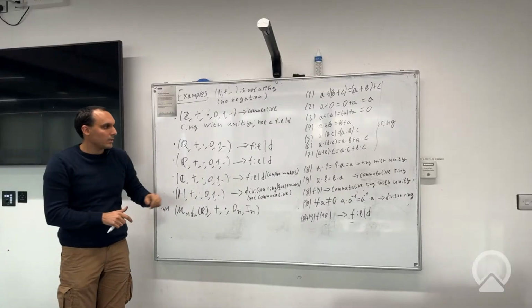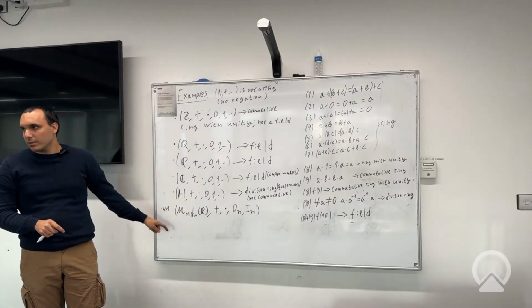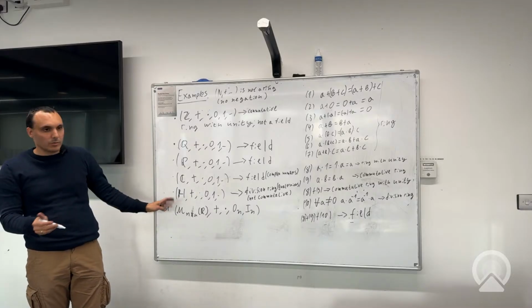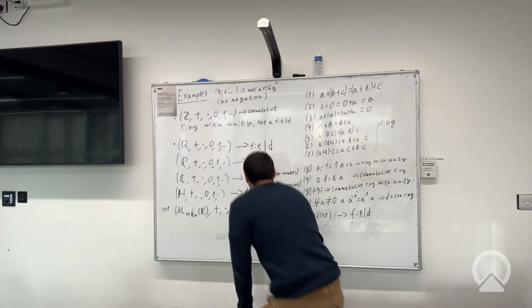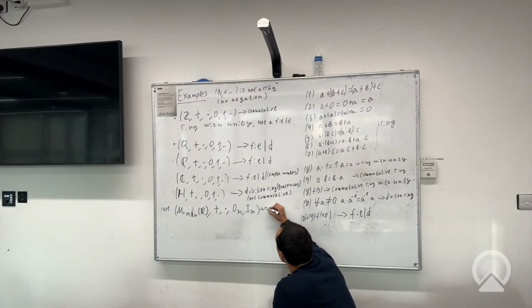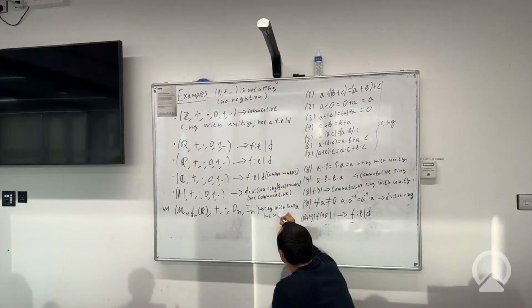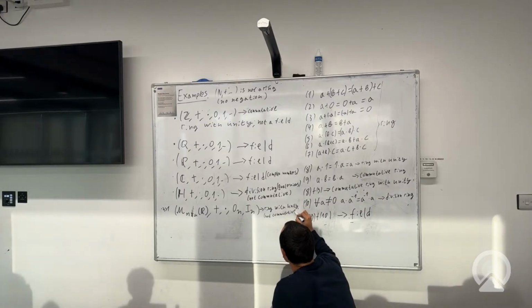So it's not commutative. It's a ring with unity, but not commutative and not all have inverses, in general.